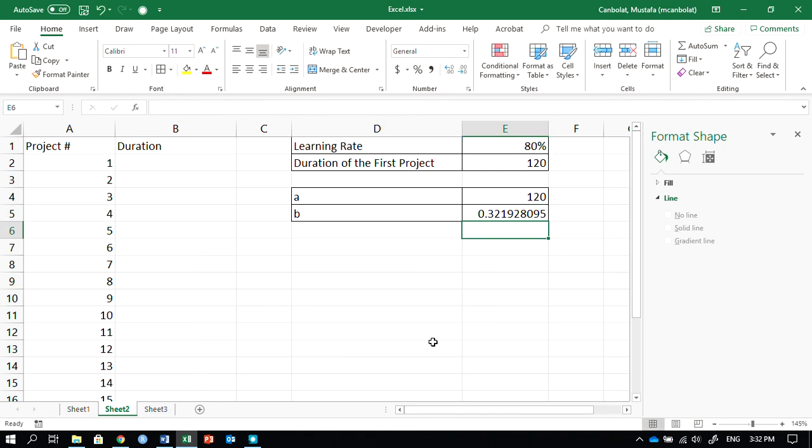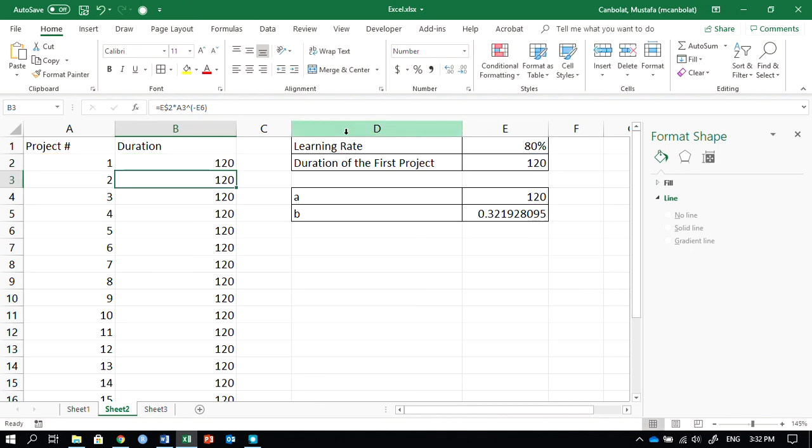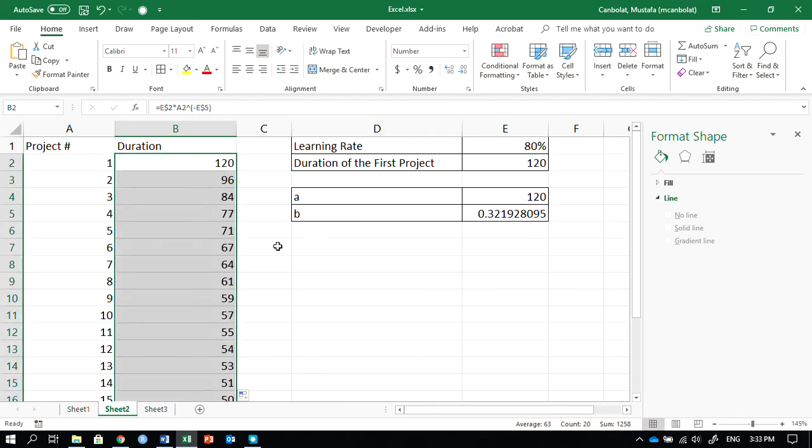Okay, so that's 0.32, and then we can just put the duration as the initial rate, 120, and fix that with a dollar sign, times x to the negative b. Okay, so that's 120, and then, oops, what happened here? E2, I need to put b, and I need to fix that one too, make a fixed. That's it. Now we have to just run that.